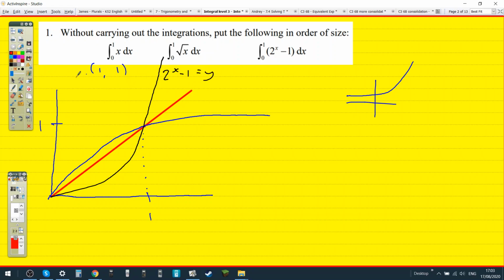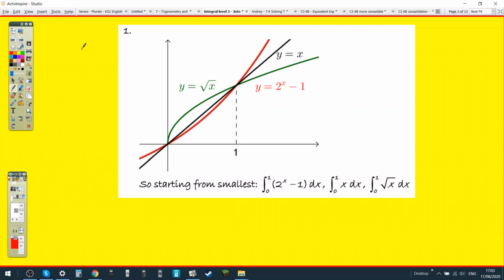Okay, then I meant root x is biggest, and then x, and then 2 to the x minus 1. That's assuming I've sketched these correctly. This one is y equals root x. I think I did. So that one's the smallest, that one's the middle, that one's the most. They all go through 0, 0 and 1, 1. But yeah, it's based on area.